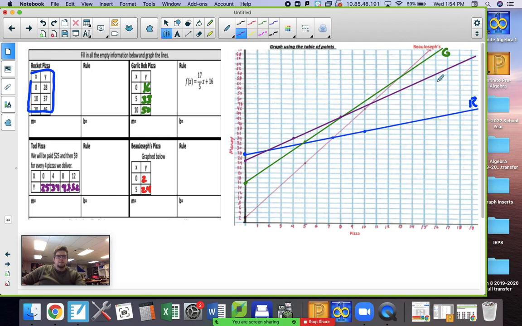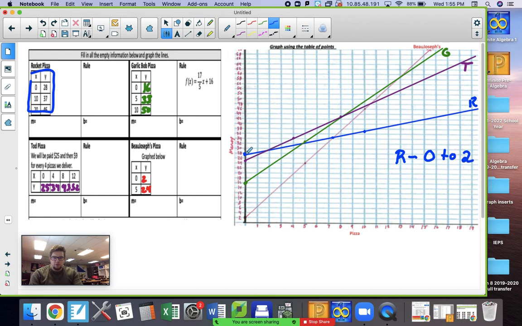Right about there. And that is Todd Pizza. All right. While I'm looking at this graph, I'm going to kind of walk through it. Rocket Pizza, this blue line, would be the best option for pizza if I sold 0 pizzas to about, we'll overestimate, to 2 pizzas.